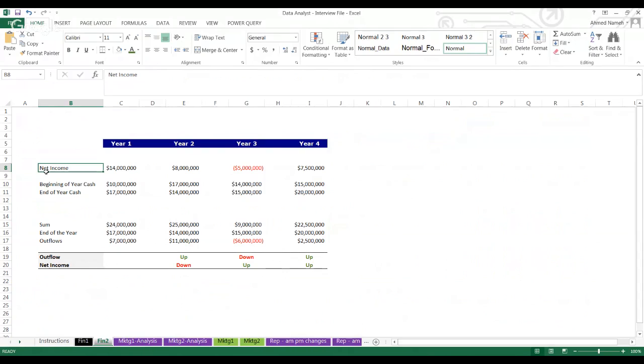Traditionally, net income is an accounting term, and it's calculated on an accrued basis, which essentially means that, for example, if you were to sign a contract for a service to be delivered or for a product to be sent out to a customer, you cannot recognize revenue for that service or for that product until you have rendered the service or delivered the product, regardless of when you received the cash.